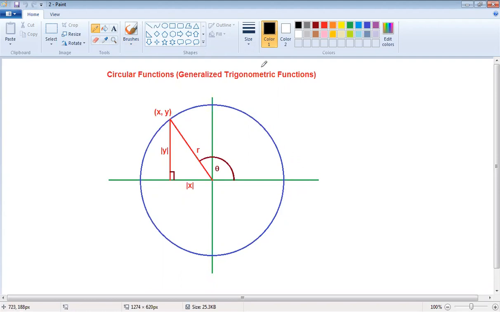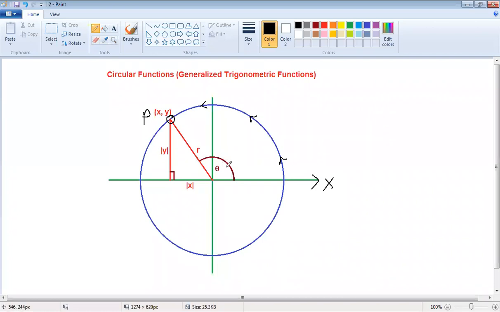Starting from the positive direction of x-axis, the point P has moved on the circle like this and has reached this position, so that the angle made theta is an obtuse angle.